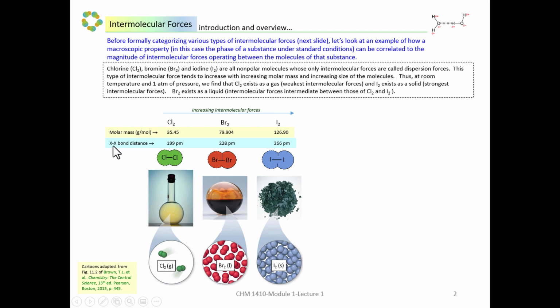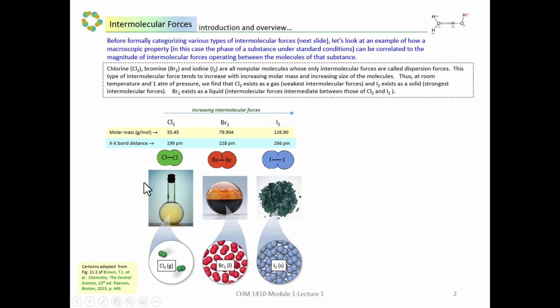This row here, the X-X bond distance, is just a measure of the distance, in what's called picometers, between the center of one chlorine atom and the center of the other, or the center of one bromine atom and the center of the other. So you can see that the molecules not only are becoming heavier, going from chlorine to bromine to iodine, they're becoming larger because the bond distance here is getting bigger in each one.